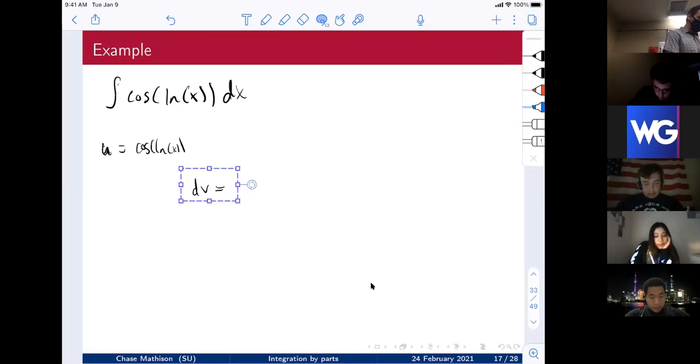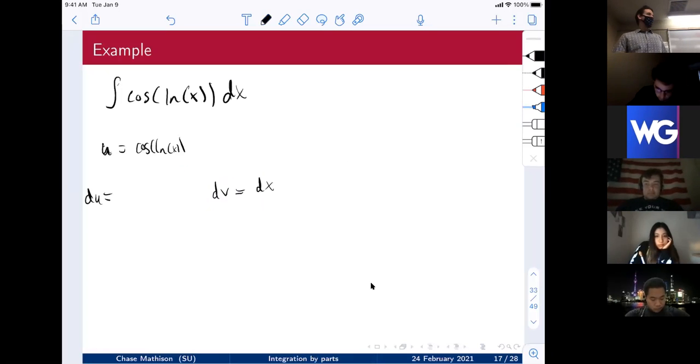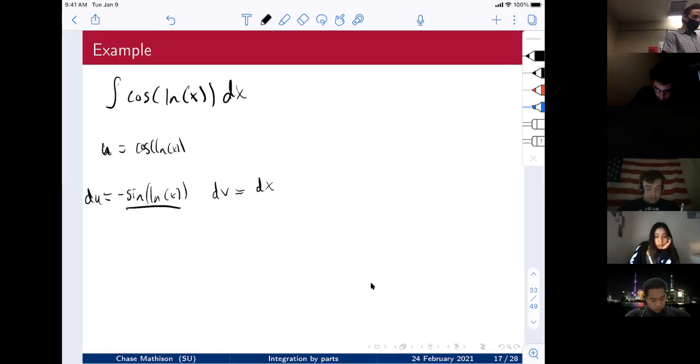That means dv is going to be dx. So du, I'll let everybody rest on this one. Du is, well, chain rule again. I'm going to get negative sine of natural log of x over x dx. And dv is dx, so that means v is x, right?